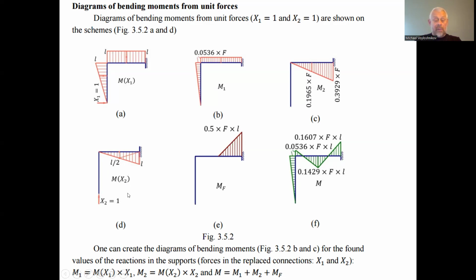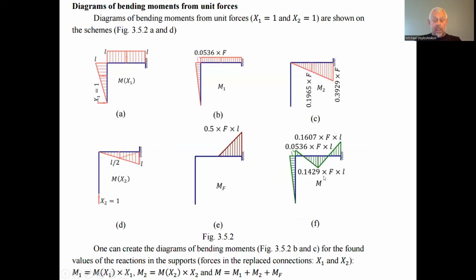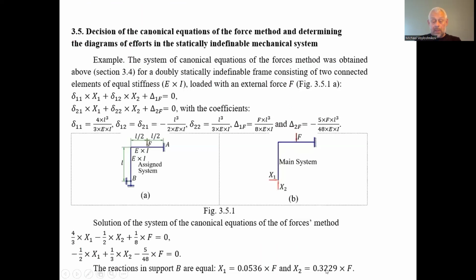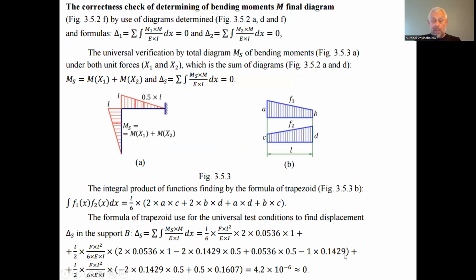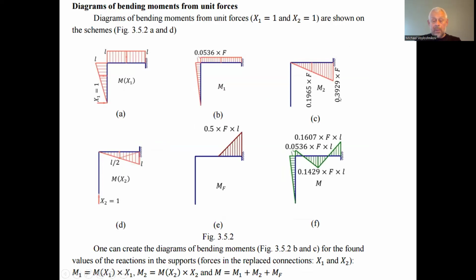So having the magnitude of the force not one, but another magnitude, 0.3929 multiplied by F, and we have the magnitude of the second force. Excuse me, just a little bit, I can check. Yeah, this is the magnitude of the force X2.